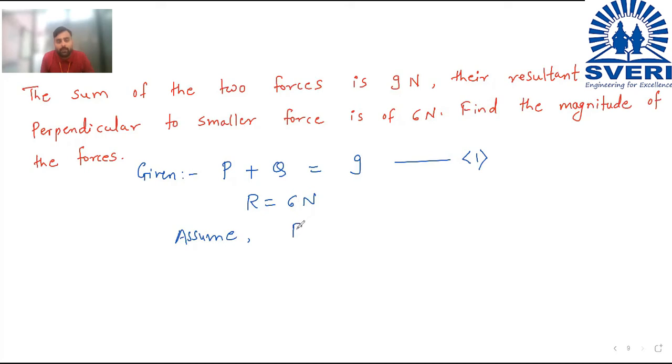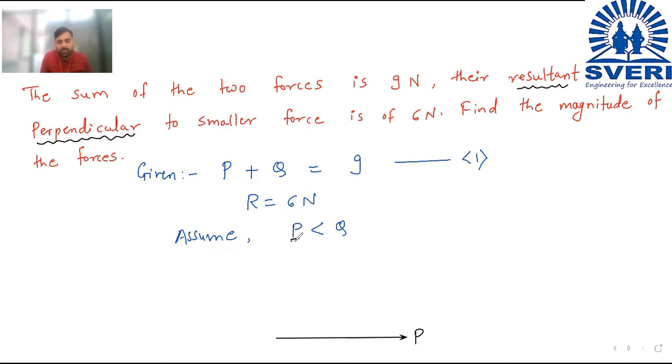Assume P is less than Q. Just I have assumed. So now I will try to draw the diagram. So here you can see this is my force P. Now they have told me that the resultant is perpendicular to the smaller force.